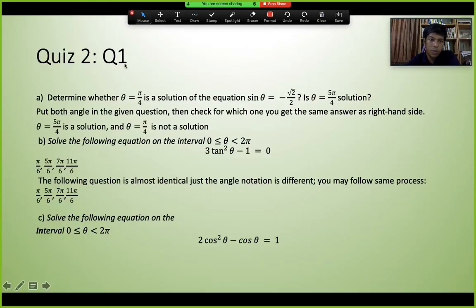These questions, quiz 2, question 1. So basically, which one is the correct solution, which one is not. Then how to find out the solution for the angles within some given interval, 0 to 2 pi. Since this is a square, there will be 4 values like that. And this kind of question also, there is a square here, so 4 values.